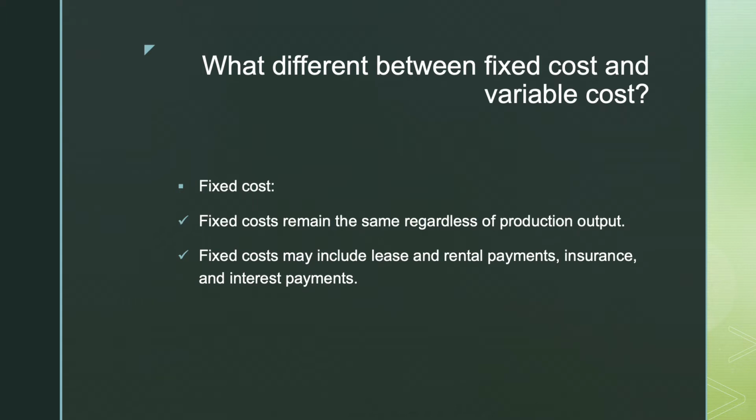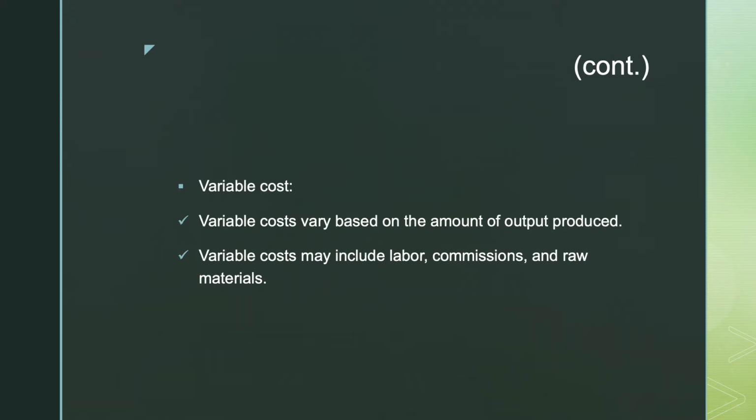Fixed costs can be simply understood as not changing during a period of time. And variable costs vary based on the amount of output produced. Variable costs may include labor, commission, and raw materials.